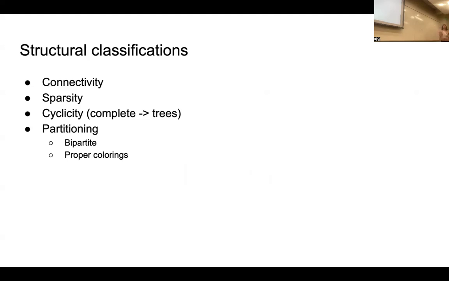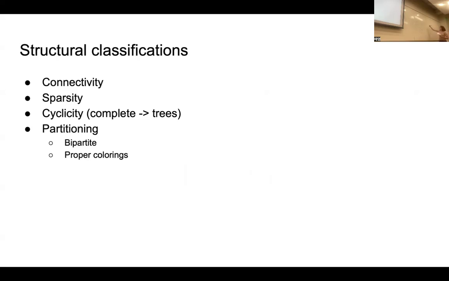The other extreme would be where there are no edges and nothing is connected to each other. That's an important concept for measuring how well connected a network is, for example. Then we have sparsity, which is the number of edges in relation to the number of vertices. A sparse graph would have not that many edges in relation to the number of vertices. And something else that can be easily measured algebraically is cyclicity.